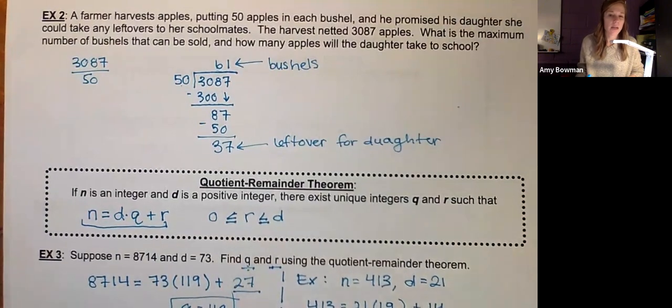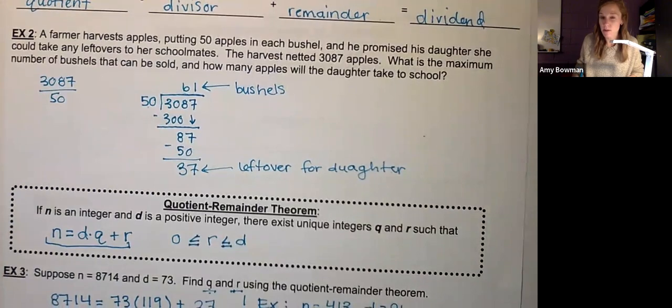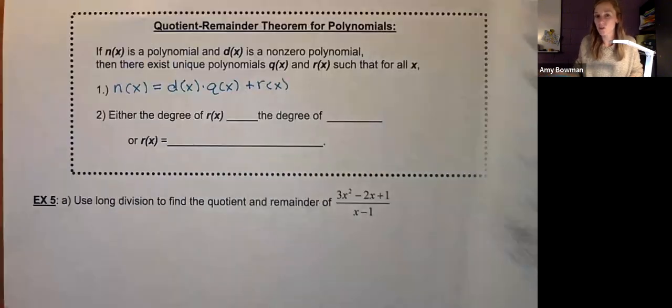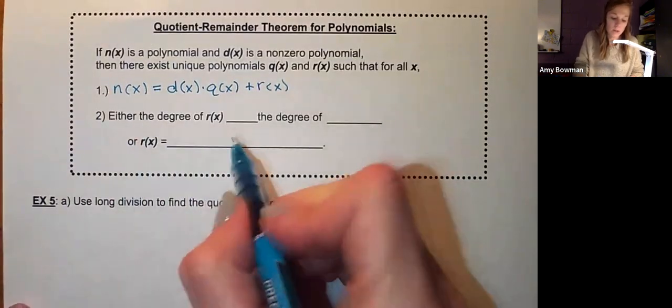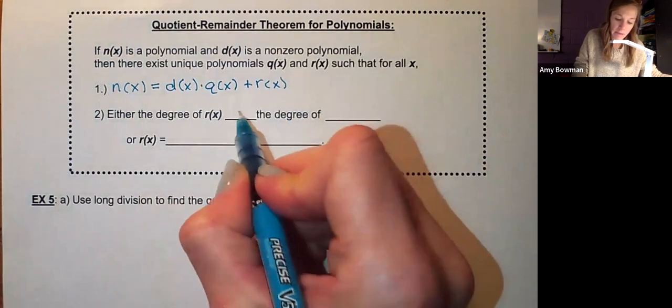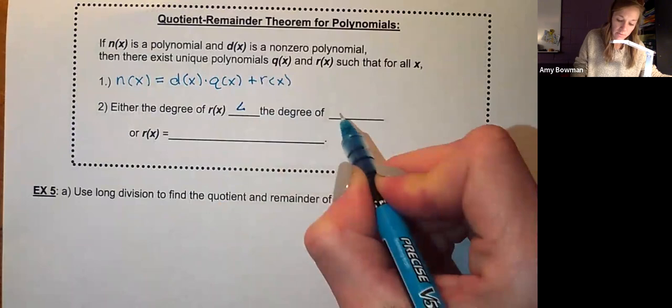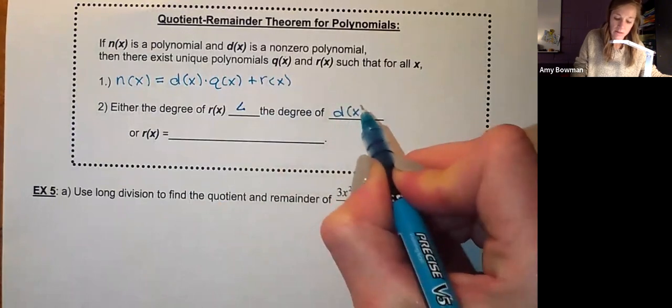And just like our remainder for integers, the remainder could not be less than the divisor. Well, how do we gauge whether or not a polynomial is less than another polynomial? That doesn't really make sense. What really matters is the degree of the polynomial. So the degree of r of x, the remainder, has to be less than the degree of d of x.